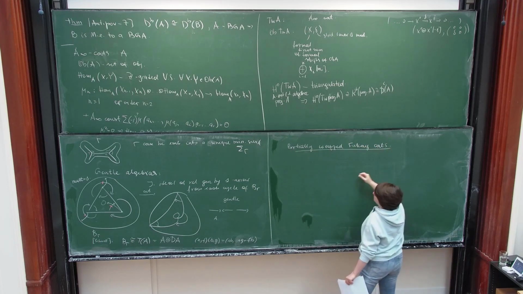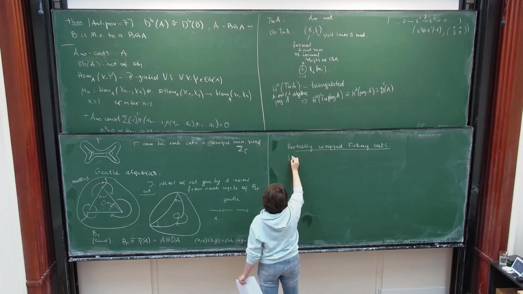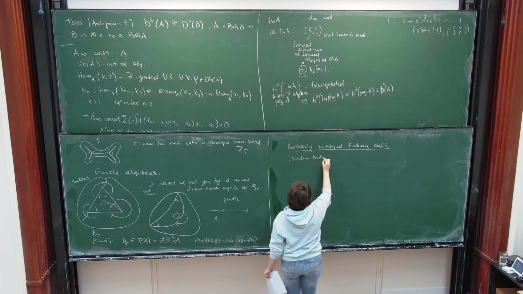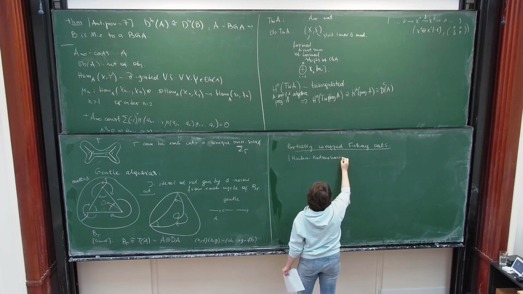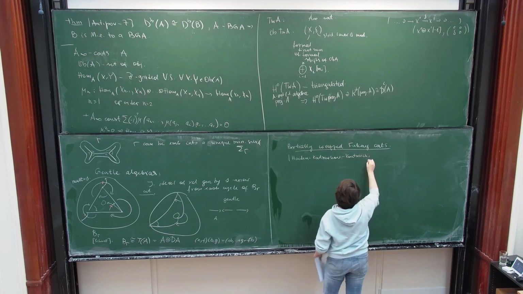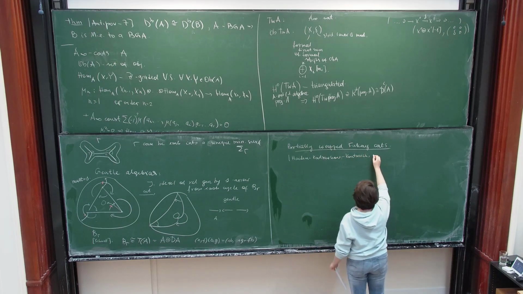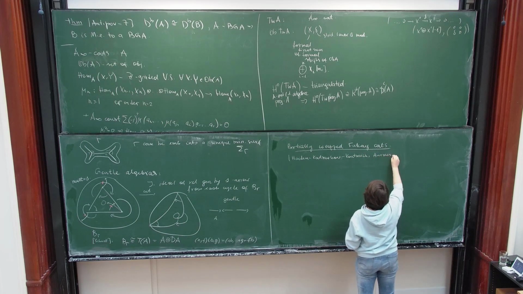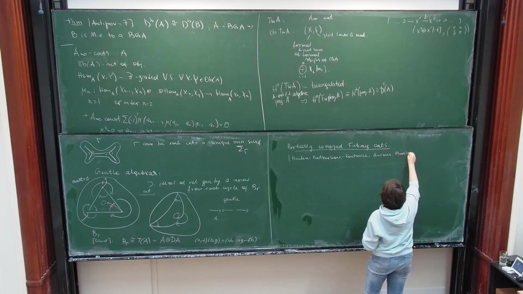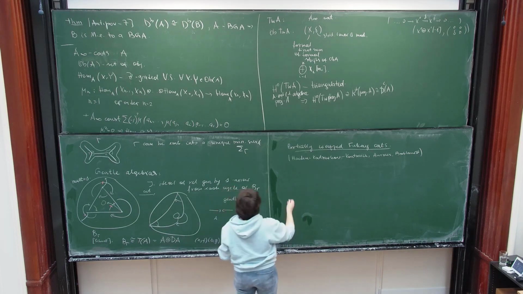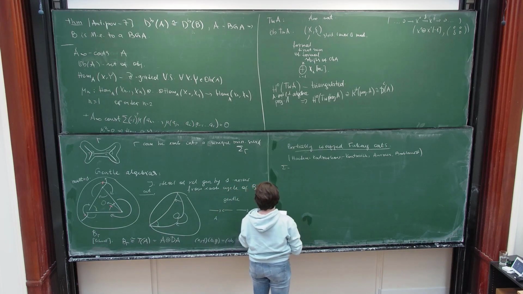I'm mostly following Haiden, Katzarkov, Kontsevich, and this is also based on Auroux and Bocklandt. Okay. So for that, we can fix Sigma to be a smooth connected compact oriented surface with boundary.